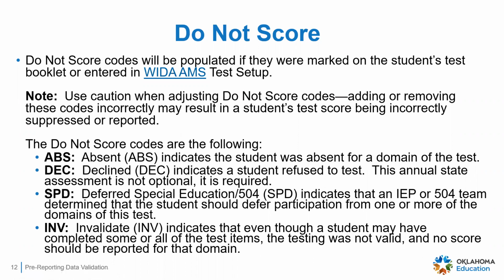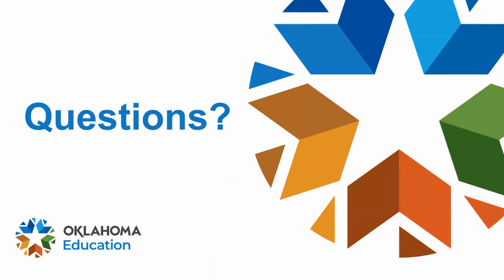The next code is SPED, which is deferred special education, or 504, which would be the IAP or 504 team met and determined that a specific domain was not appropriate for a student to participate in. Or invalidate, which indicates the student may have completed that domain, but for some reason the testing was not valid, so no score will be reported for that domain.